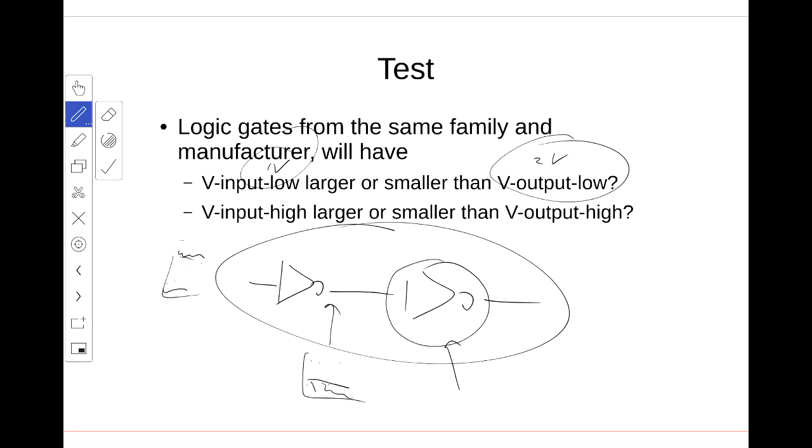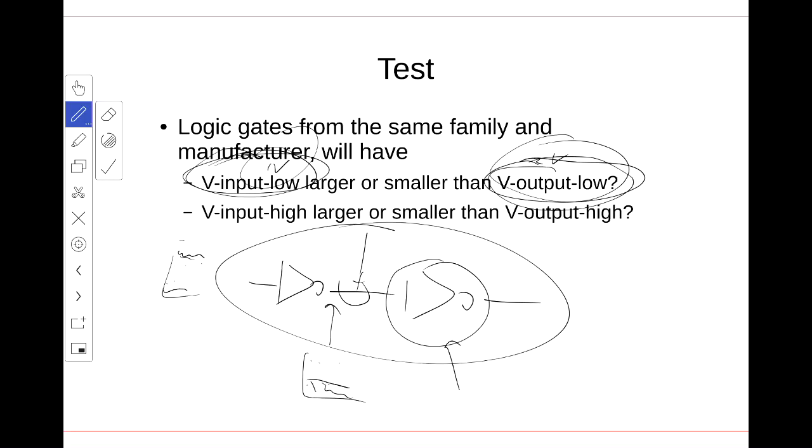So therefore V output low must always be lower than V input low if you are to be able to connect logic gates together. It shouldn't even just be equal, because remember, I'm going to have noise coming in: crosstalk, thermal noise, etc. So in fact, you want V output low to be much lower than V input low, and a similar thing for the high ones.